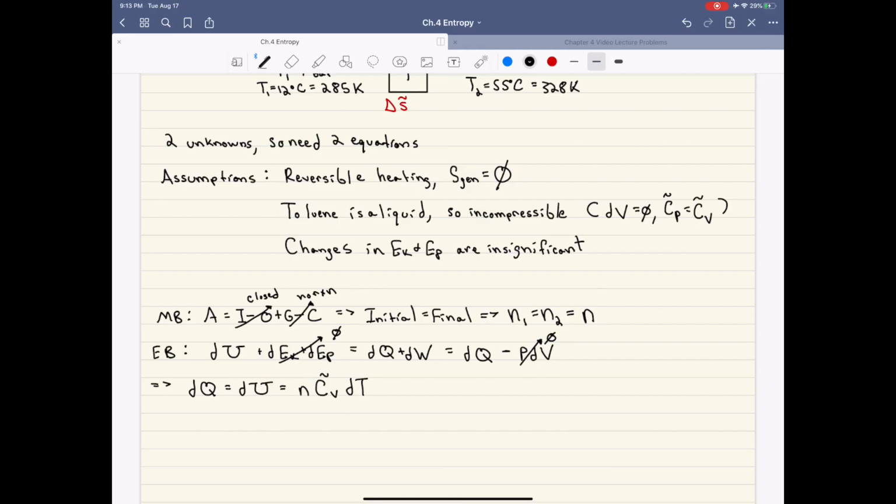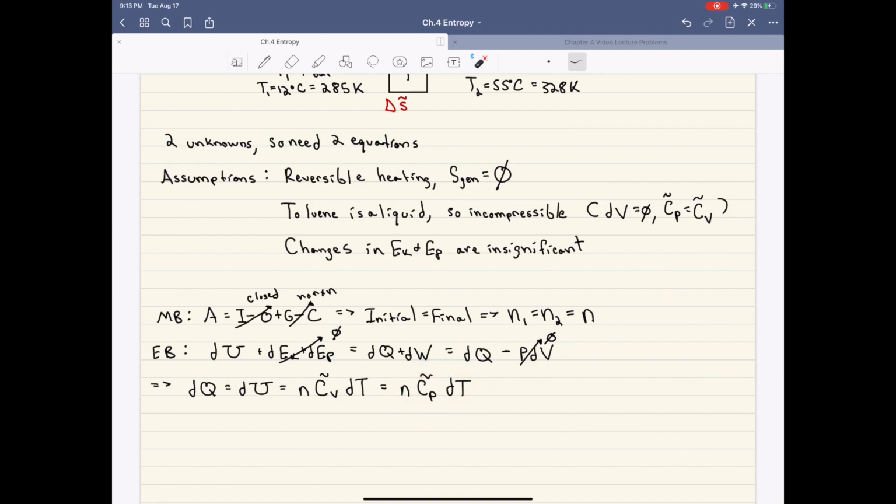And based on the fact that toluene is incompressible, we could say that this constant volume heat capacity is also going to be equal to the constant pressure heat capacity as well. And so from our energy balance, we now have a relationship between dQ and temperature as well.